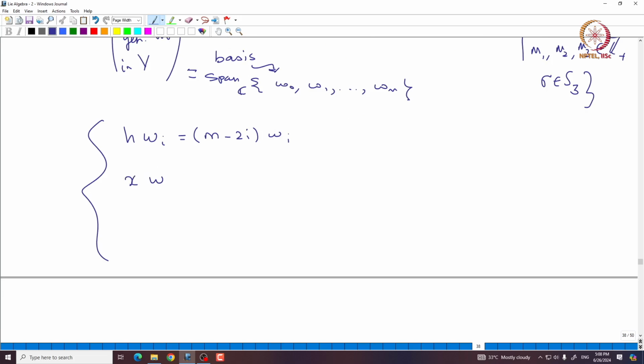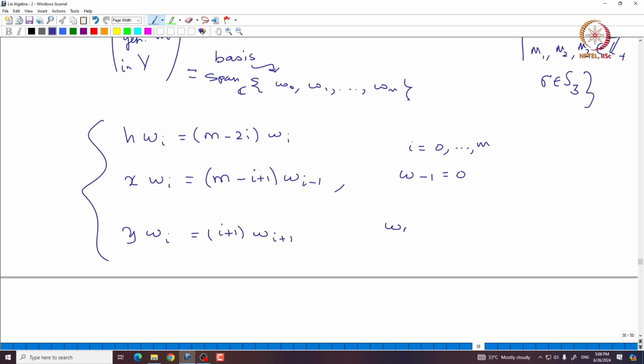Then x Wi is going to be (m minus i plus 1) Wi minus 1, where we said that W minus 1 is 0 and i varies from 0 to m. And y Wi is going to be (i plus 1) Wi plus 1, again where W m plus 1 is 0 and i runs over 0 to m.